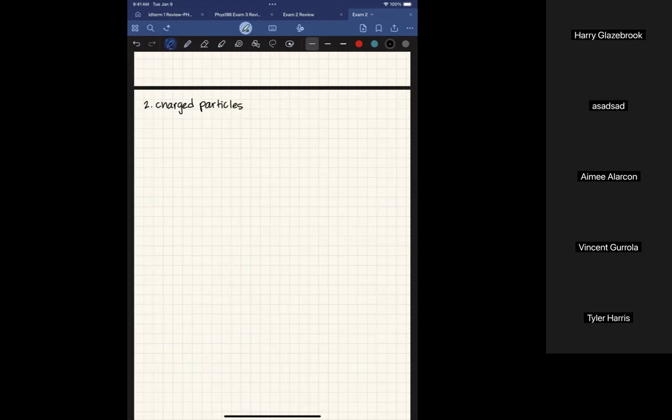So switching gears here. If I have, let's say, a particle here, and it's charged to positive Q, I can define a point that's a distance r away from my charged particle.